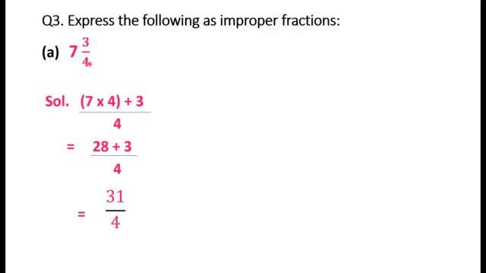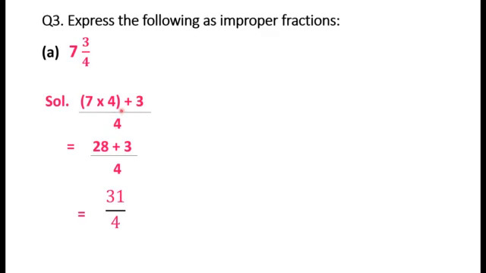Okay, and then we have to add the answer with the numerator as we have done over here. You can see 7 into 4, whole part into denominator. We will multiply first and then we will add with the numerator, and at the denominator whatever is written over here, the same thing will come like this.